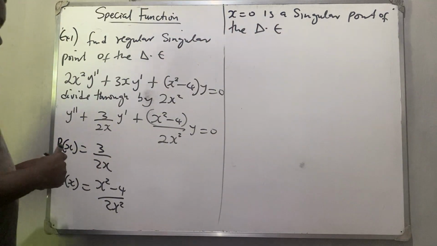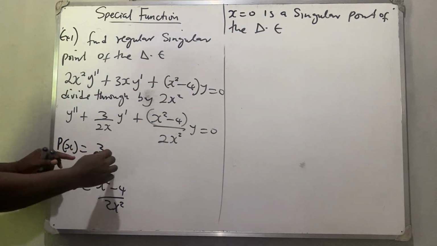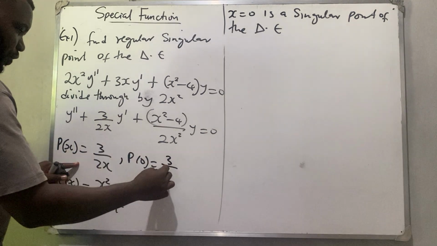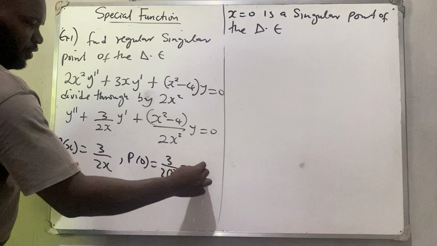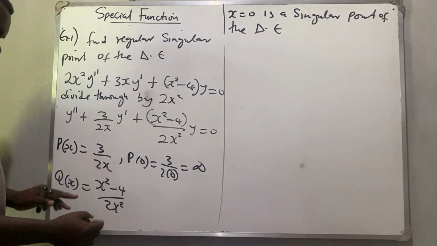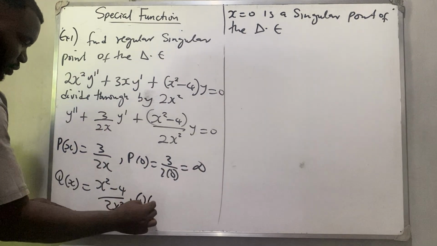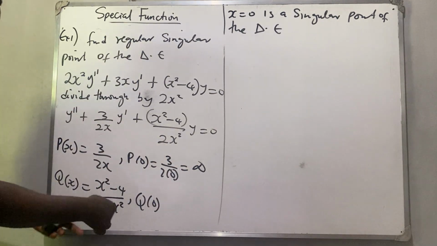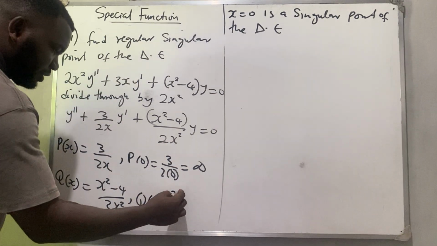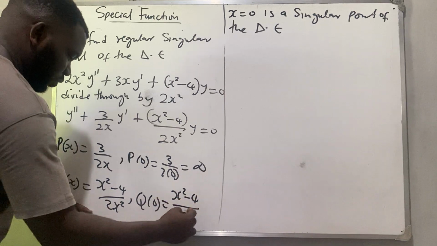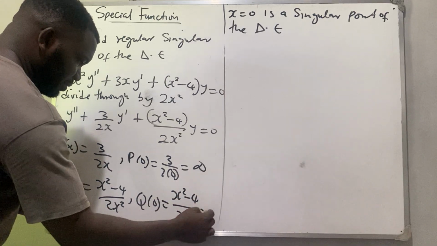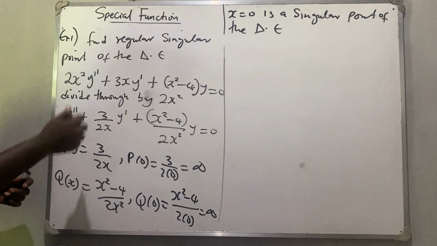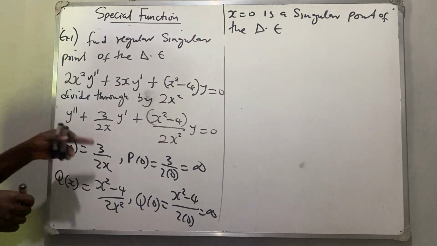If you put in 0, p of 0, I'm going to have 3 over 2 into 0, which is giving me infinity. So this is not analytic. In fact, when one of them is not analytic, it becomes a singular point. But let me check the other one. If you check the other one, you have x squared minus 4 all over 2 into 0. I'm still having infinity here. So you see, obviously, that x equal to 0 is a singular point of the differential equation.